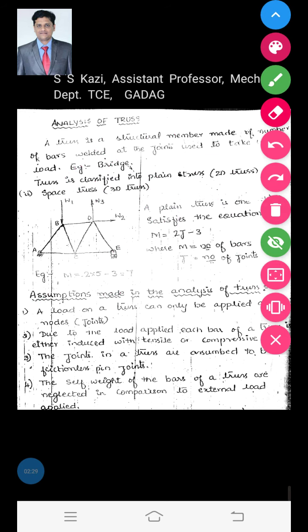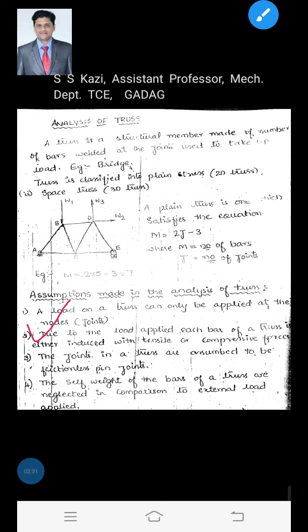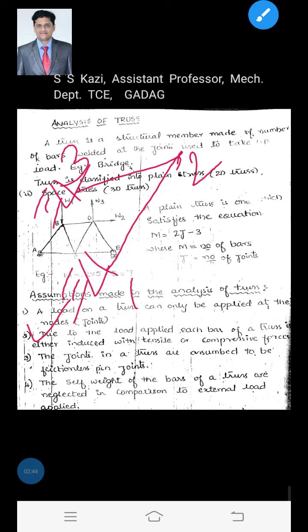Now come to the second assumption, that is, due to the load applied, each bar of a truss is either induced with tensile or compressive forces. If you take the same example of a two bar truss, it is a combination of two bars having three joints, that is, three nodes. Due to this particular load applied, let us say it has a deformed shape. I will draw it here with a dotted line. In the dotted line I will show that joint 2 will attain a new position, 2 dash, after deformation.